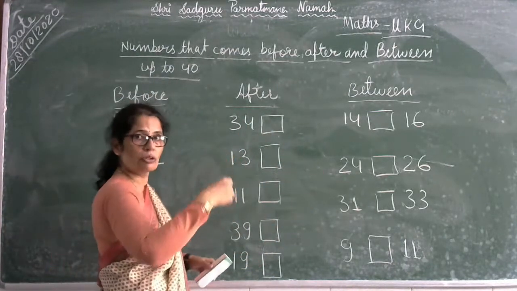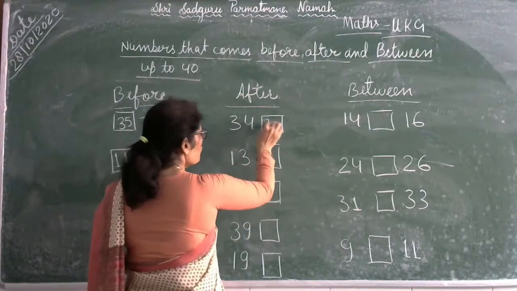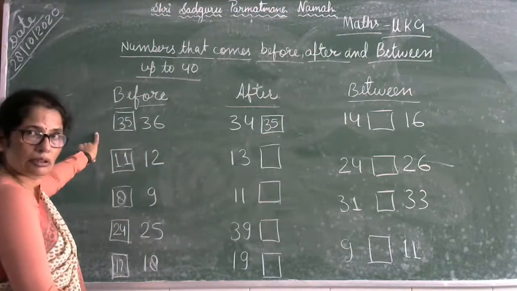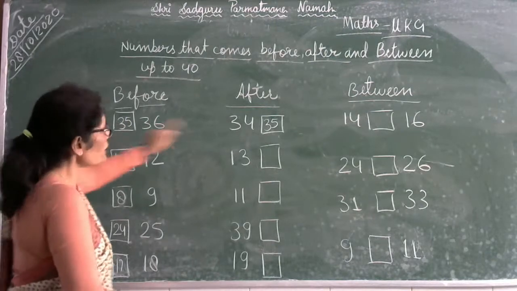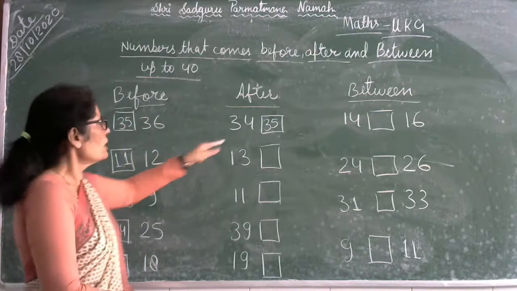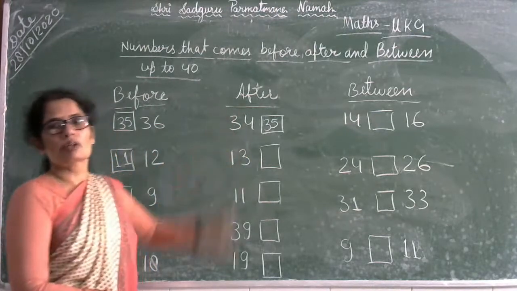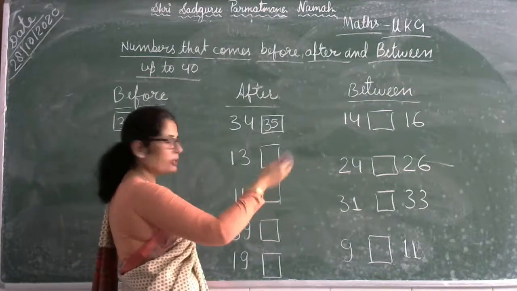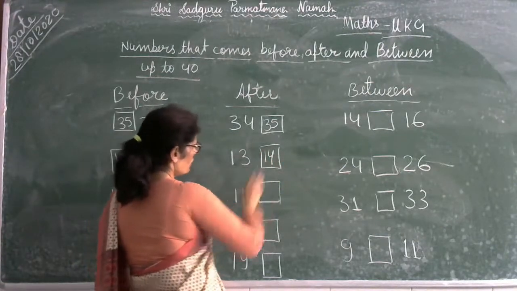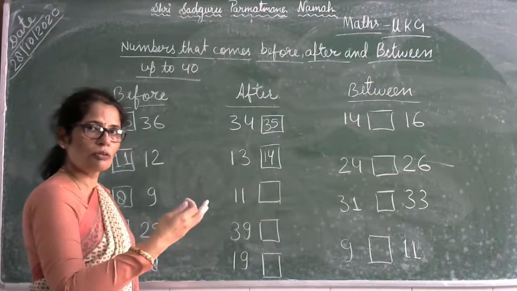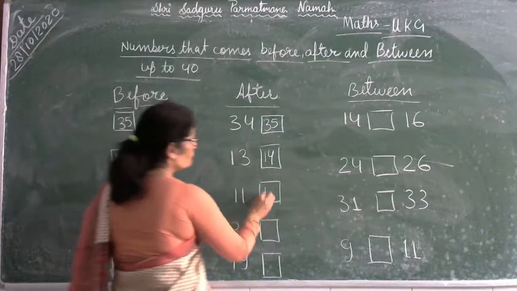So 34, 35. It will be easy. It is a little bit tough for you, but it will be easy to read the counting forward. And just after 39 it is 40, and after 11, we read the counting forward: 11, 12.